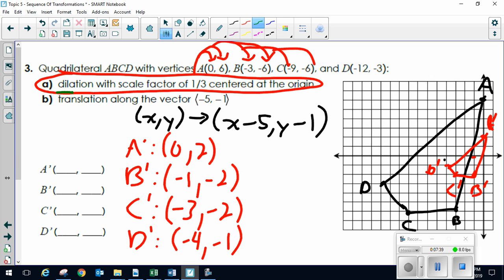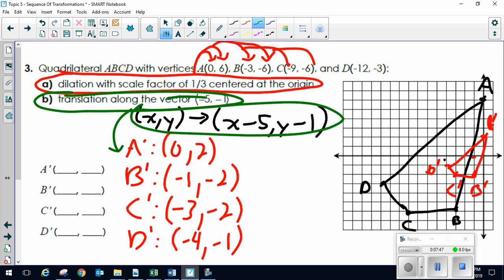Then they want me to take the new points that I just got, so these ones down here, and they want me to apply this rule that I just wrote down here because we didn't talk about vectors. So that's the rule. So I'm going to plug the x in. So that's going to give me negative 5, comma 1. Right here.